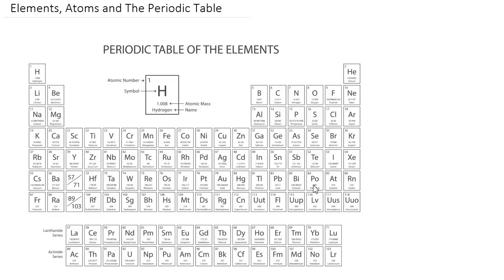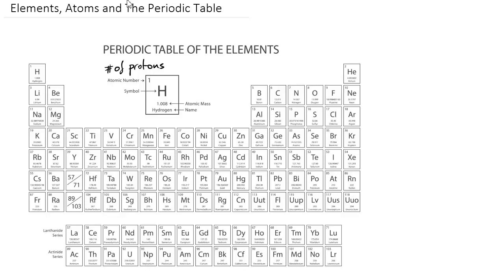So we've got hydrogen, and there's an atomic number as well. Now, the atomic number is also referred to as the number of protons. Okay, so if you look at hydrogen, what you know is that in the nucleus, hydrogen just has one proton.